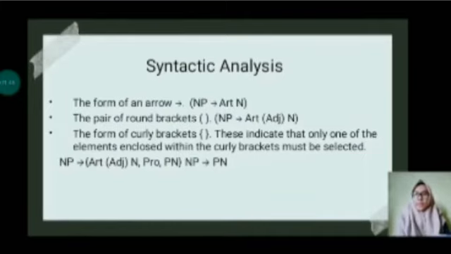And the third symbol is the form of curly brackets. As you can see on the PPT, this indicates that only one of the elements enclosed within the curly brackets must be selected.